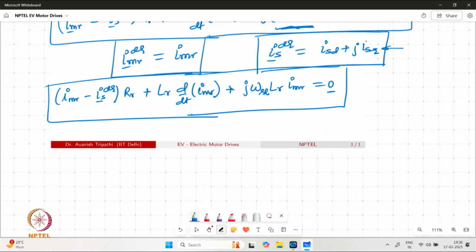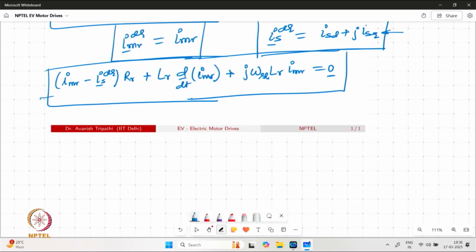Now, from this equation, we can separate out the real and imaginary components. So we can consider only the real components of this equation first, and we can write IMR minus ISD times of RR plus LR d/dt times of IMR is basically going equal to 0.